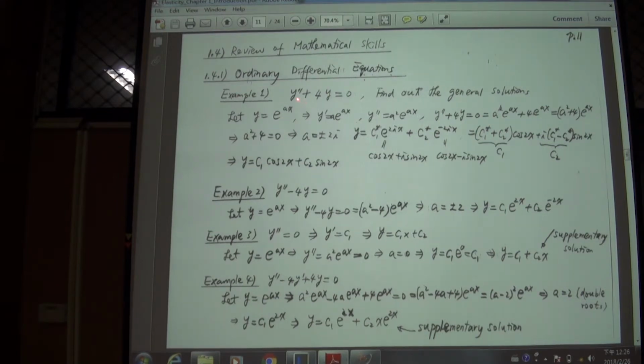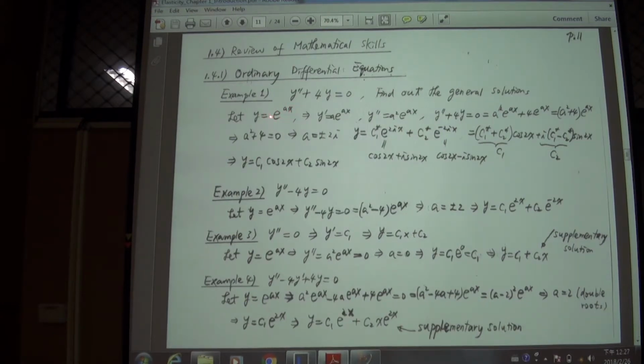In example 1, we consider a simple equation like this: y double prime plus 4y equals 0. We want to find out the general solution. The usual way to do this is we let y equal e^(ax).